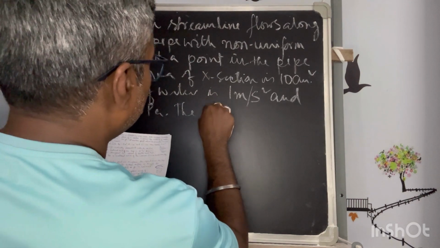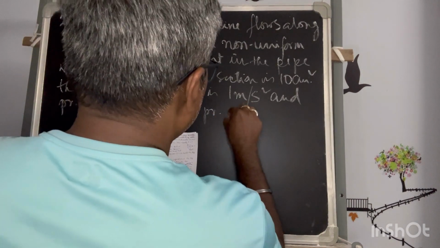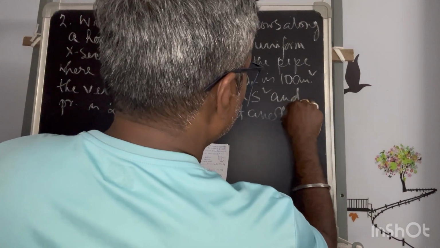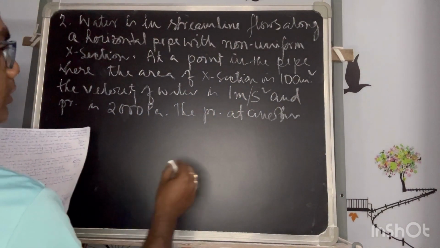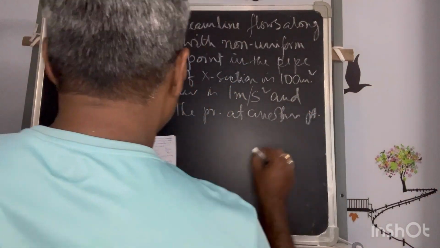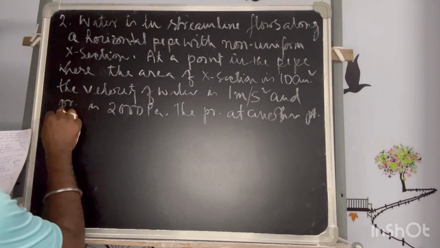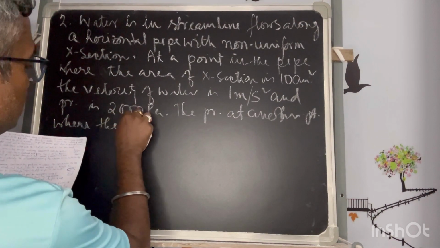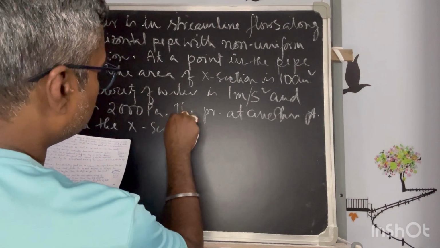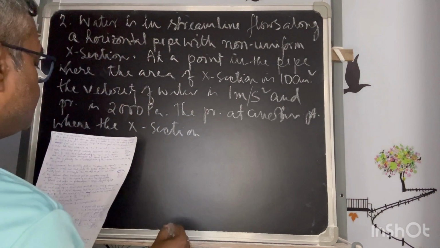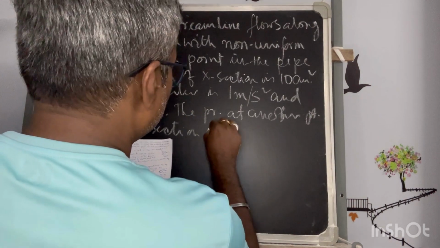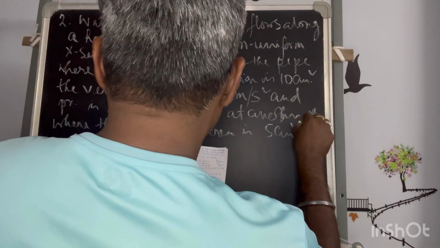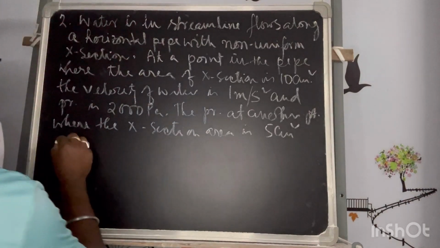The pressure at another point where the cross section area is 5 centimeters square is how much?